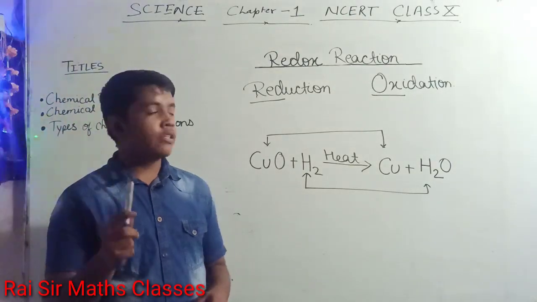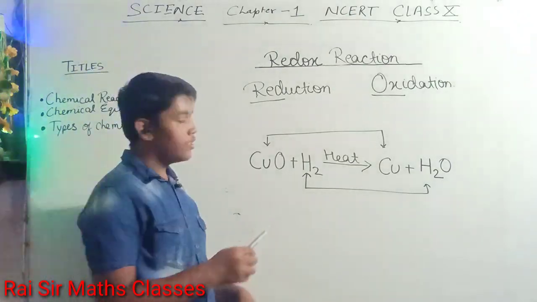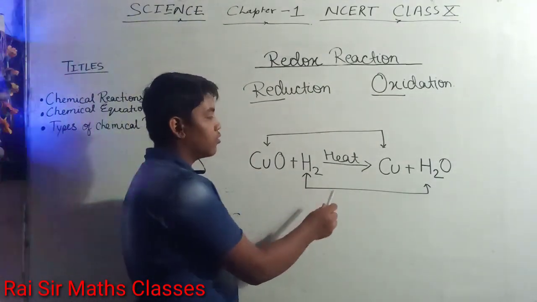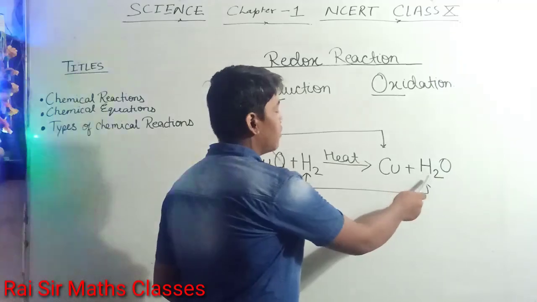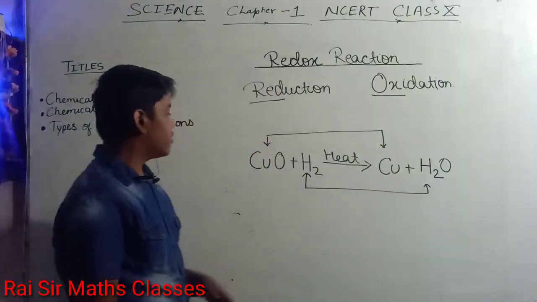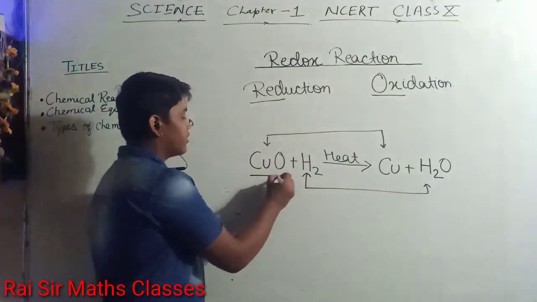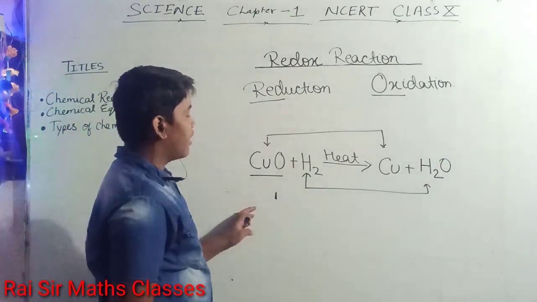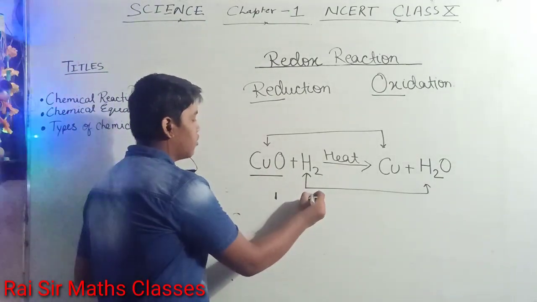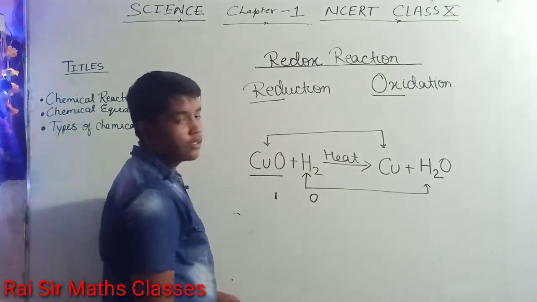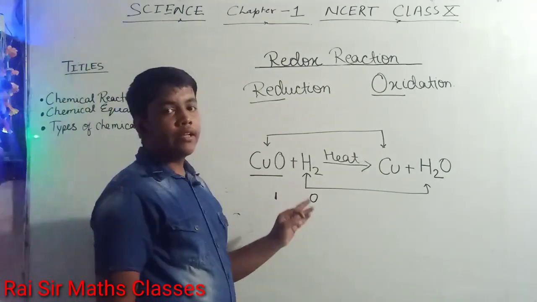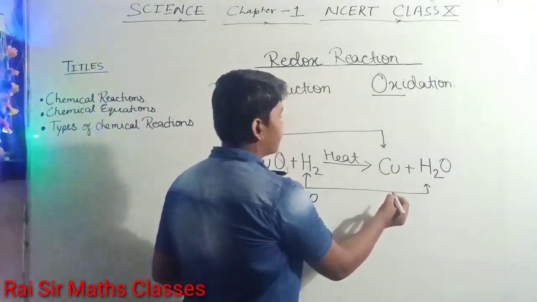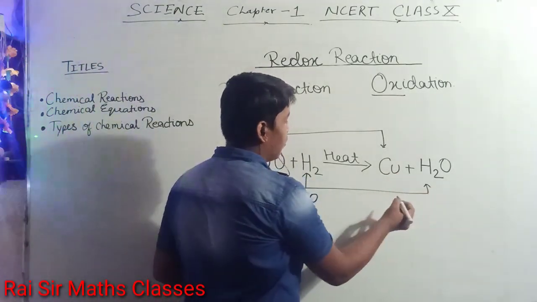Let's see the example. In this, CuO plus H2 will give Cu and H2O. In this, CuO comprises one particle of oxygen and H2 comprises zero particles. When we give heat, copper is formed and some particles of oxygen are removed.